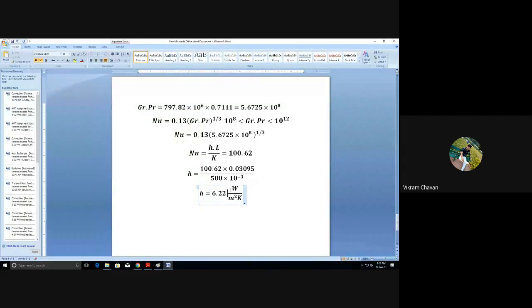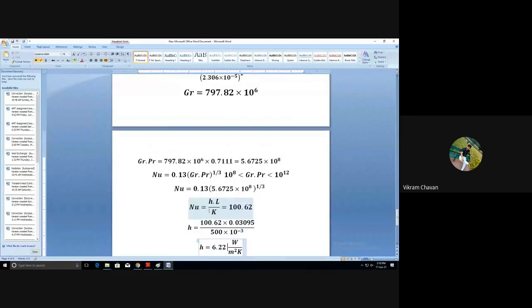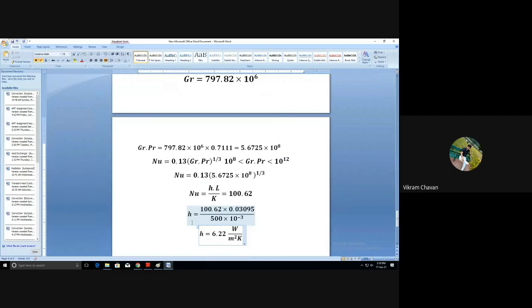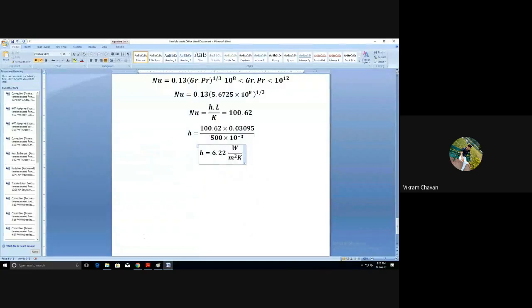Great. So in this manner we have to solve this particular problem and find the final h value. Everybody ready? Please check whether everyone is getting the same value: 100.62, right? And 6.22. Everybody getting the same value? Then you can write the final result.